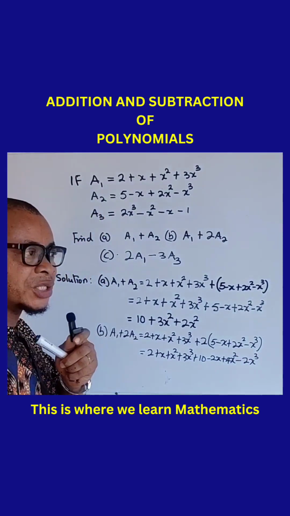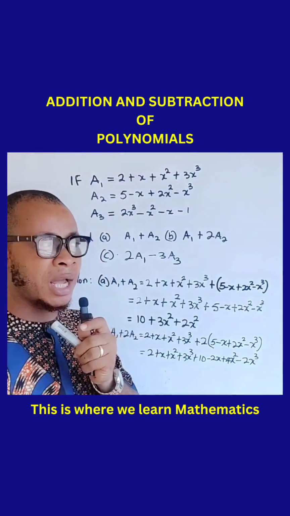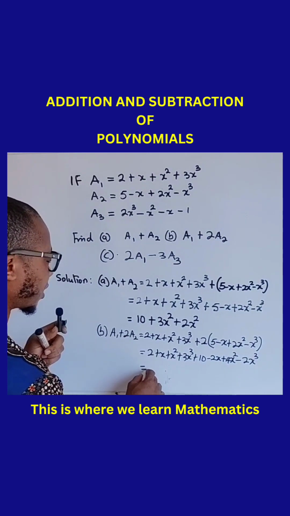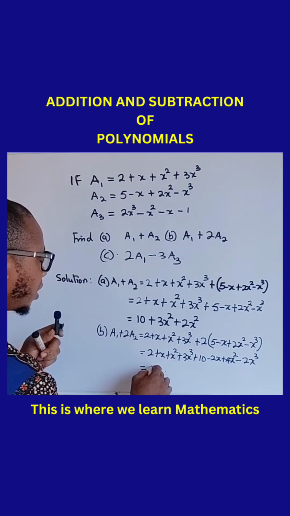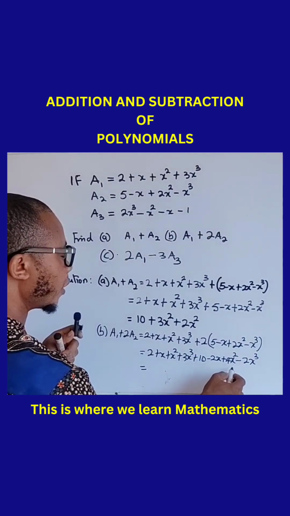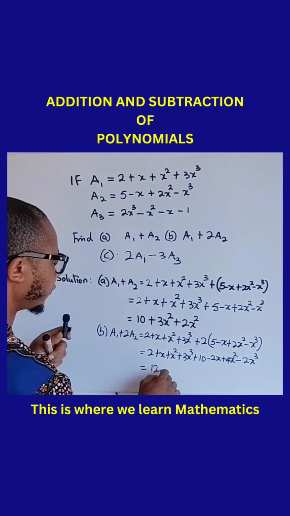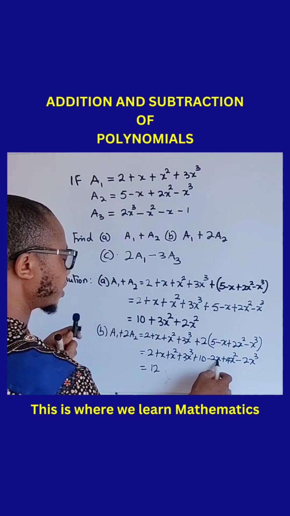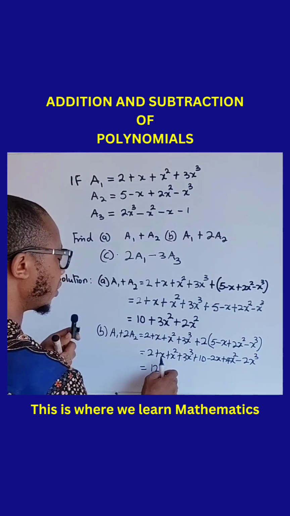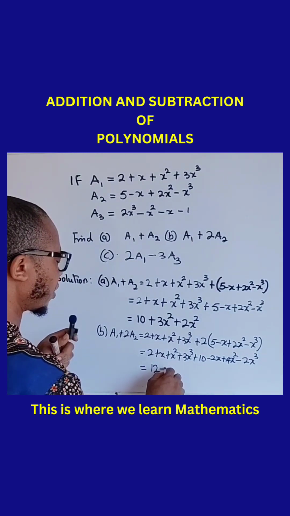Now, the next stage, which is the final stage, is to collect like terms. So, to collect like terms, 2 and 10 are constants, so add them together, they will give you 12. Okay, so we have 12. x and minus 2x are like terms. So x minus 2x will give us minus x.